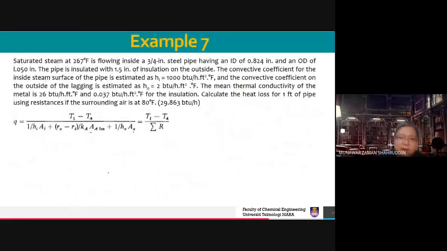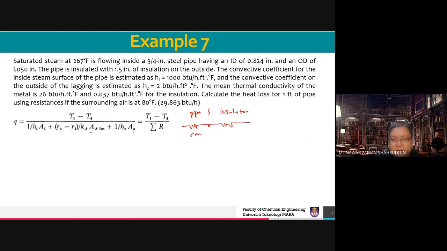But this time around, they do not tell you what is A, what is B. Okay, so but you always know. You have pipe and insulator. Yes, you are right. Okay, this one is both is one of the layer lah. So you have conduction. You have another conduction.